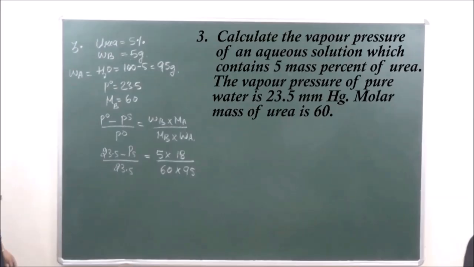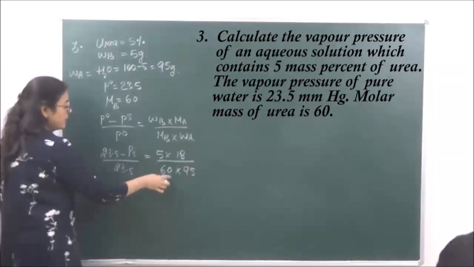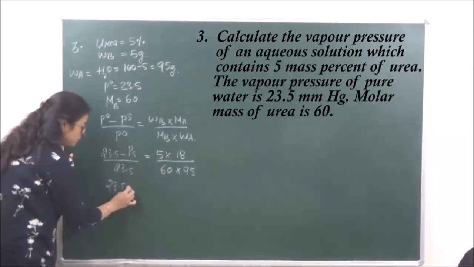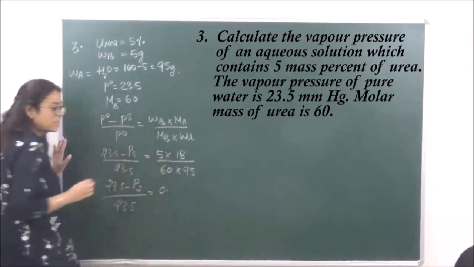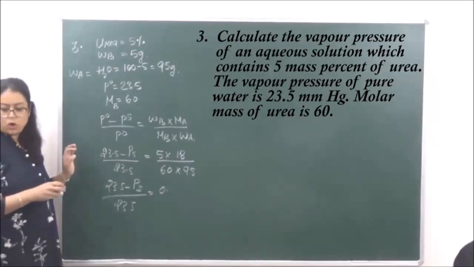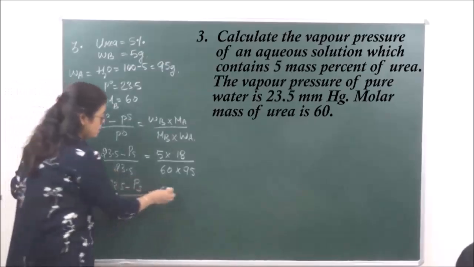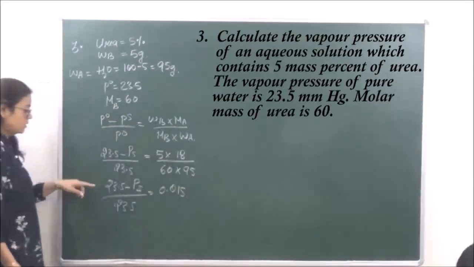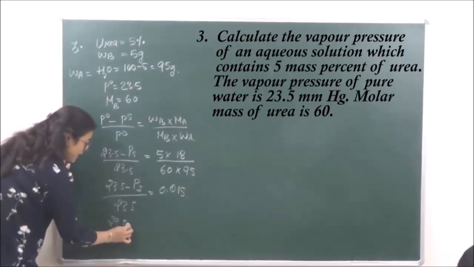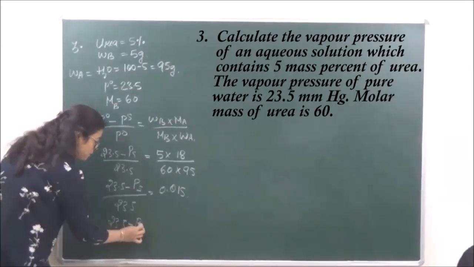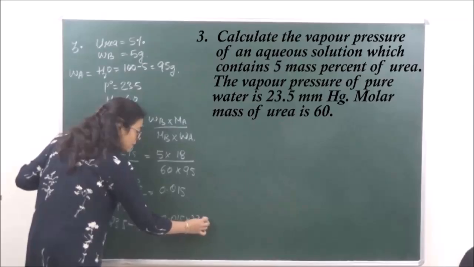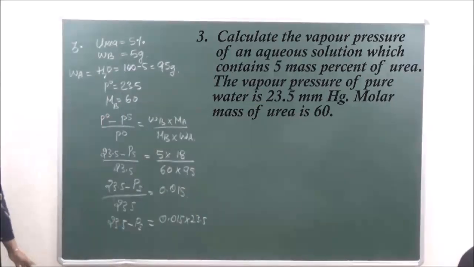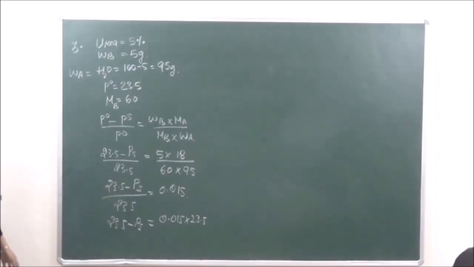Okay, so this comes to 0.015. When we calculate this, it is coming to 0.015. So 23.5 minus PS, that will be equal to 0.015 into 23.5, right? So this when calculated is coming to 0.371.